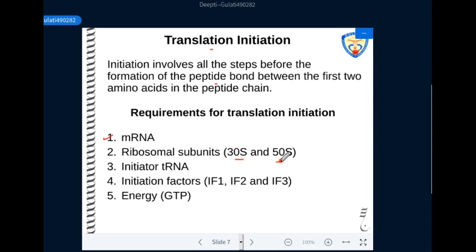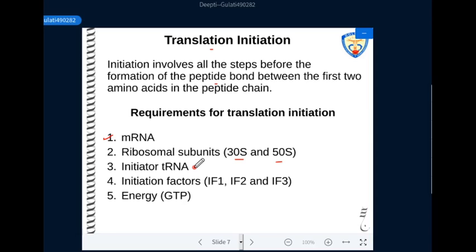Now, until translation has to take place, these ribosomal subunits remain separated, dissociated from each other in the cell, and they will associate only when translation has to take place. That means they will associate only when the 30S subunit has first attached to the messenger RNA and to the initiator tRNA.